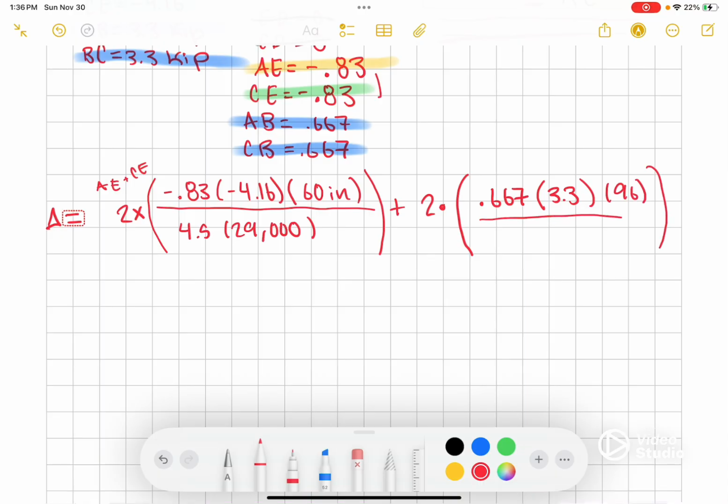And then we're going to have over that same 4.5 times 29,000. And let's see what answer we get. And we're going to get 0.006411 inches. Let's see if we got the right answer.